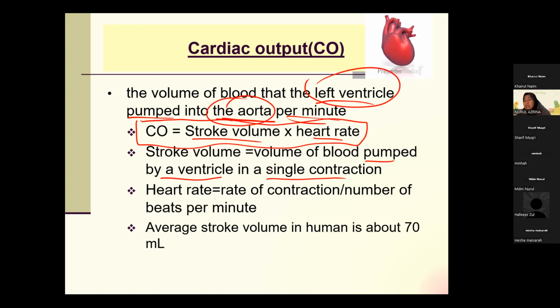Okay, right. So heart rate is given as contractions or number of beats per minute. All right. Average stroke volume in humans is about 70 ml. Maksudnya setiap sekali ventricle kita contract, the amount of blood that is pumped out from the ventricle is 70 ml. 70 ml tu lagi sikit daripada apa nama tu? Perfume yang 100 ml.